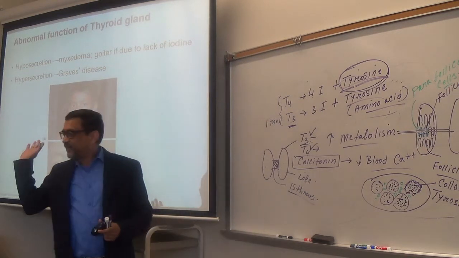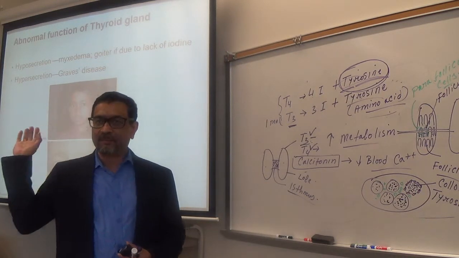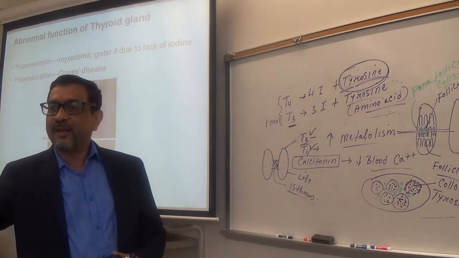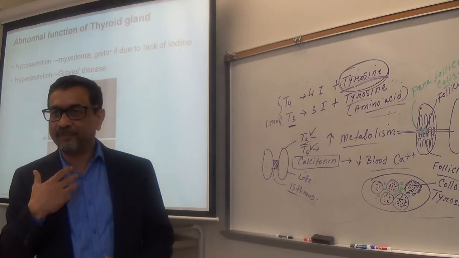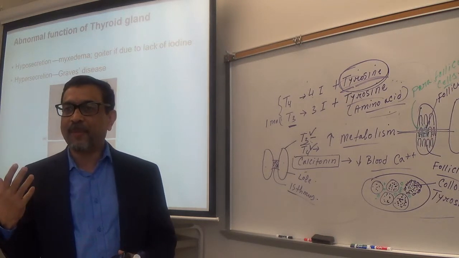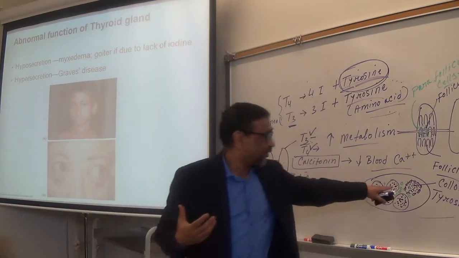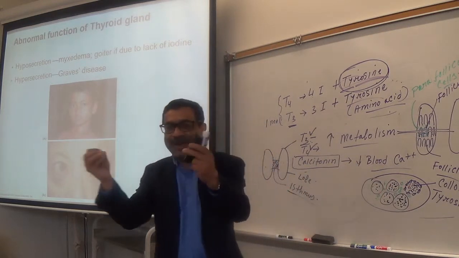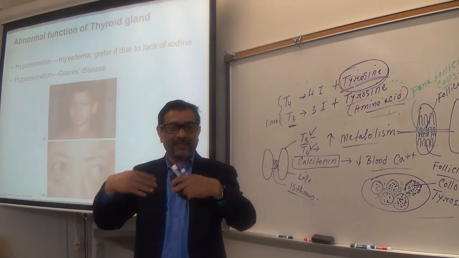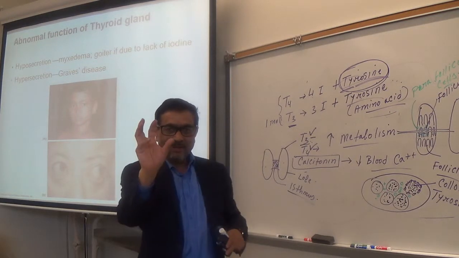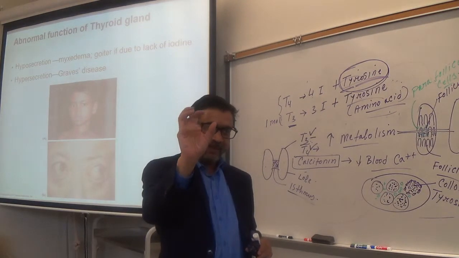Now, if this kid gets enough iodine, if you give an iodine supplement, then what will happen? Excess tyrosine will quickly bind with iodine, right? And will be released as T3 and T4. Make sense? So the thyroid will get smaller.